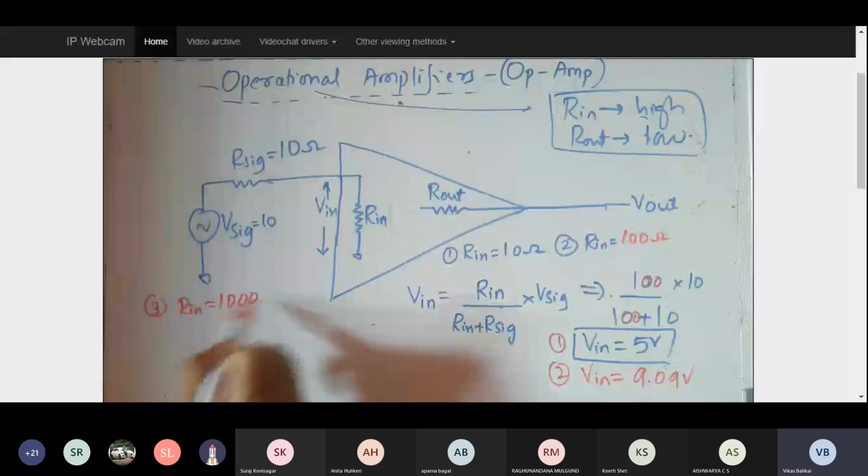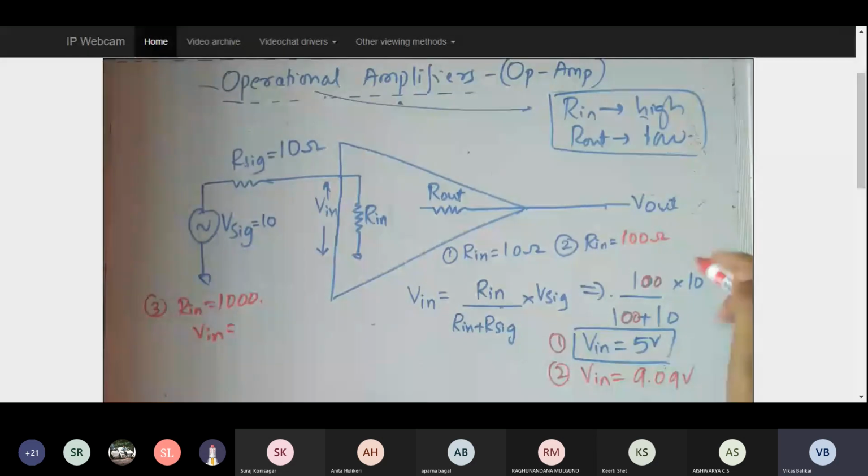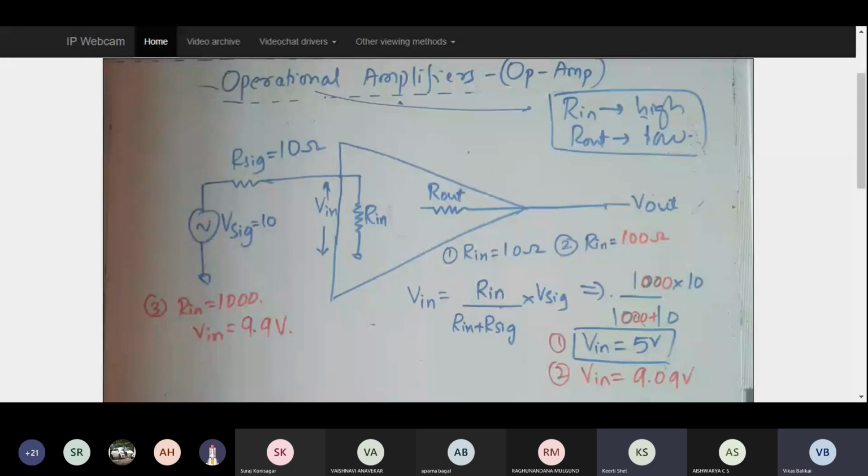Now can anybody tell me what Vin will be? 1000 divided by 1000 plus 10, times 10. Quickly, what will be Vin for the third case? 9.9 volt. Fair enough. 10 volts given, 9.9 comes, it is acceptable. But this 5 volt is not acceptable.